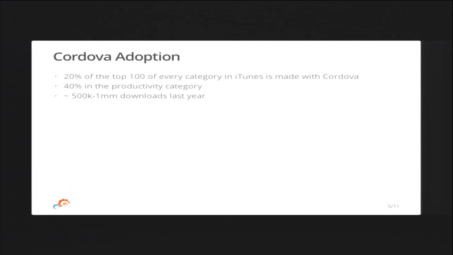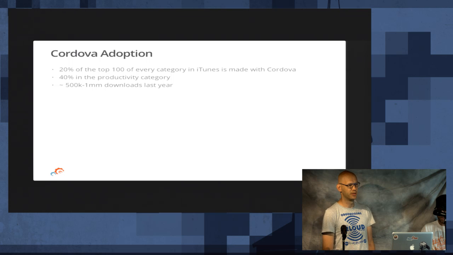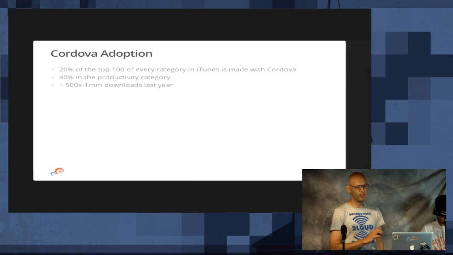And most people think, yeah, Cordova, it looks nice, but is this really something that people are using? And this is just a couple of numbers we got from the mailing list the other day. 20% of the top 100 in every category in iTunes is a Cordova app. That's very strong. I mean, it has really a nice market.